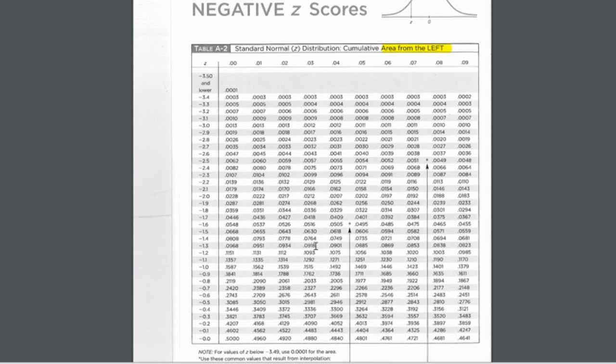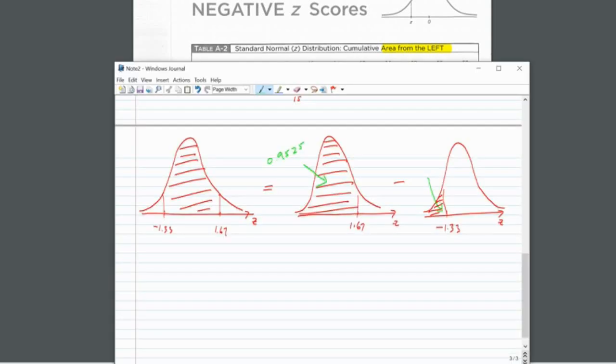Okay, this is 0.0918. So this area is 0.9525 minus 0.0918. Okay, so let's subtract this.